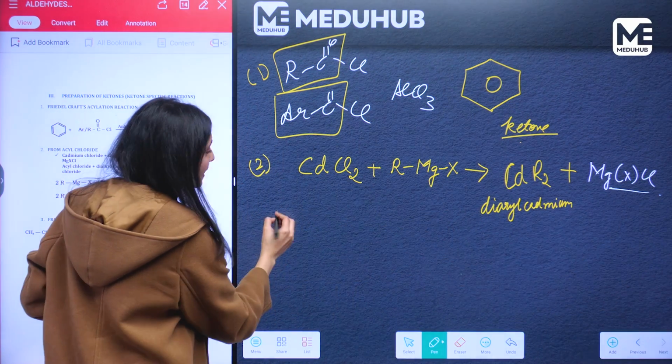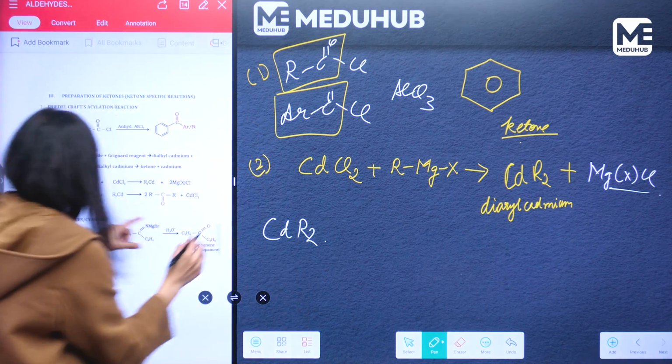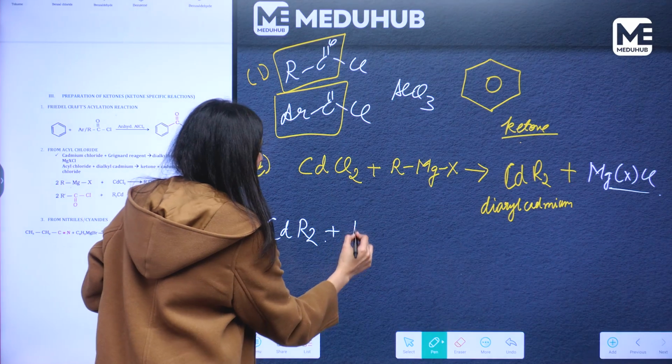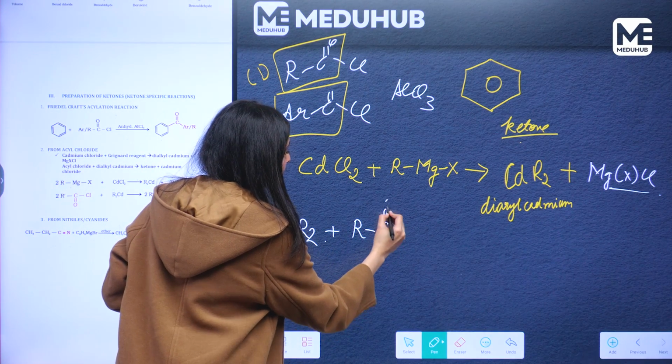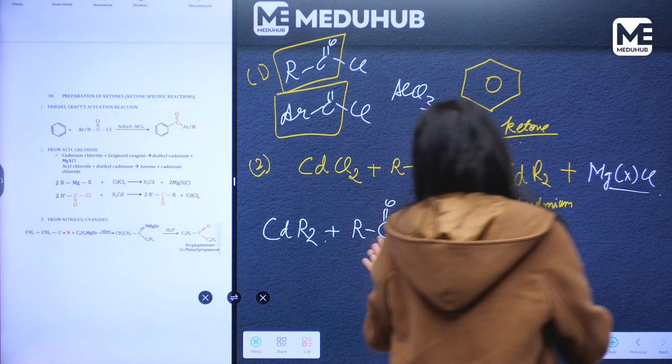Now this CdR2 reacts with a molecule of acid chloride again to give us the ketone.